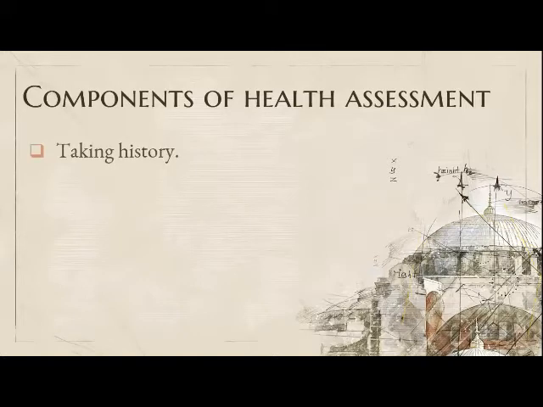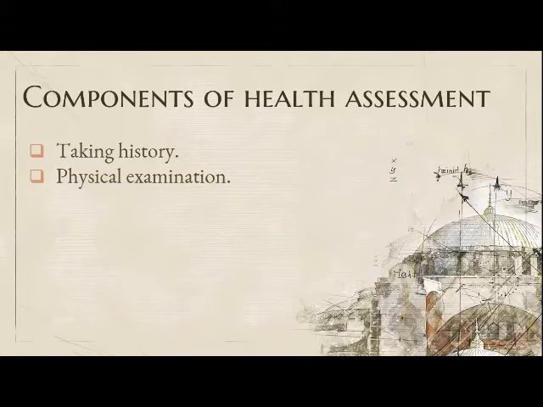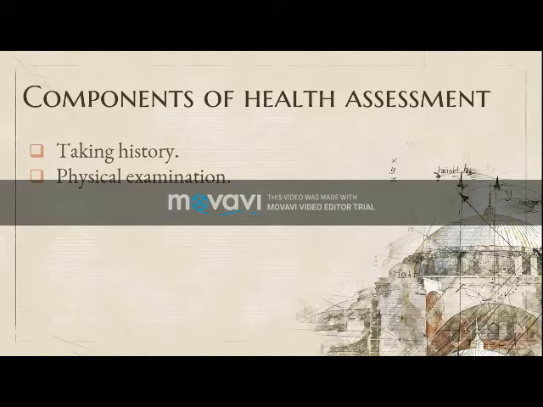Next, we'll see the components of health assessment. There are two main components of health assessment. One is taking history and the other is physical examination. While collecting history, at the same time you will do the physical examination. Taking history is essential to gain the faith of the patient, to interact with the patient, and to make the patient feel comfortable.